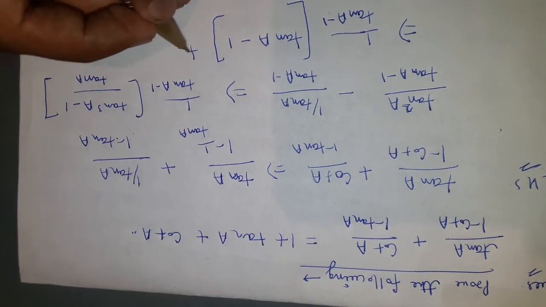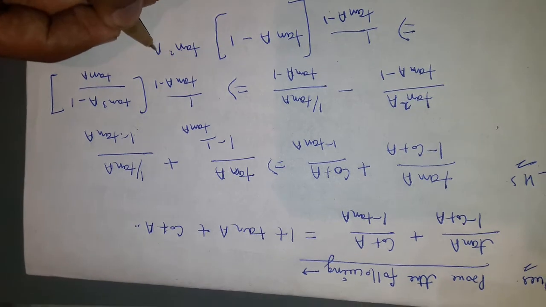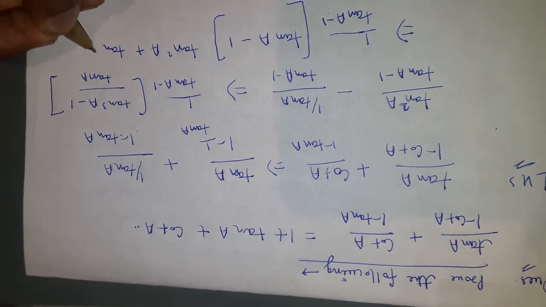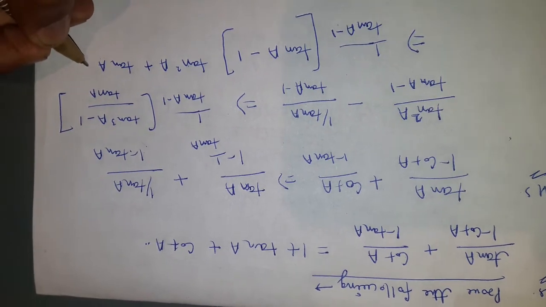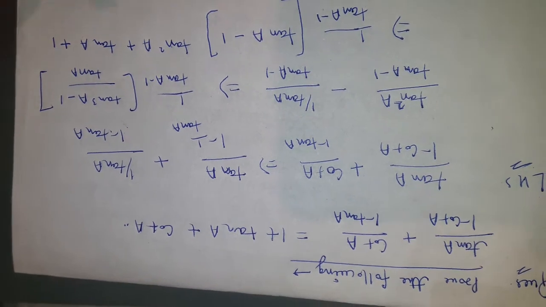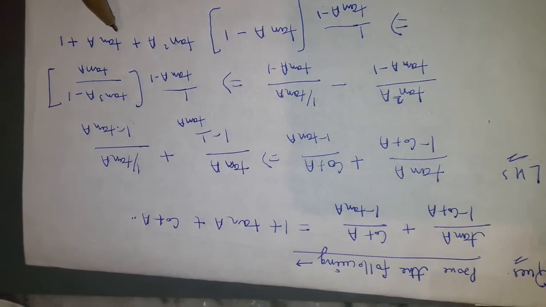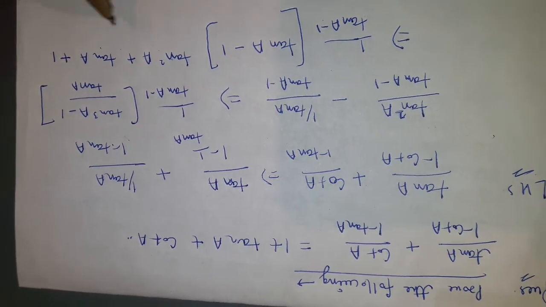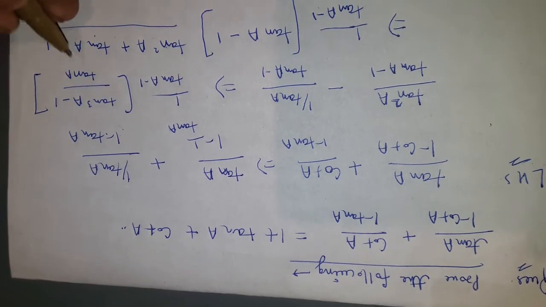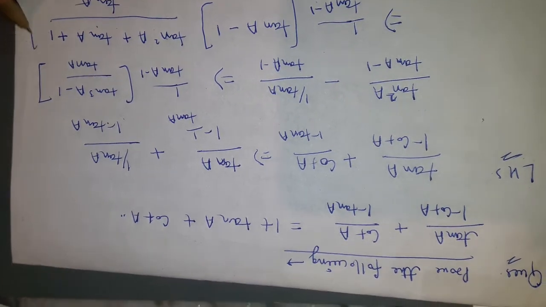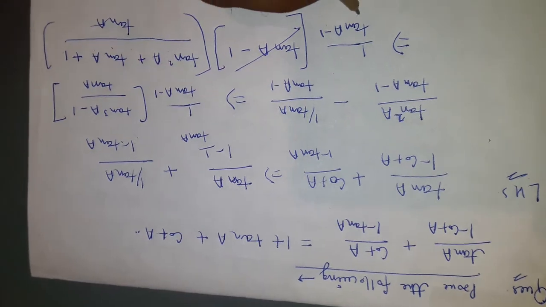So a must be tan square a plus tan a, plus 1, that means a square plus b square plus ab, divided by tan a is left, so I have written the tan a. Here this term is going to cancel from this.